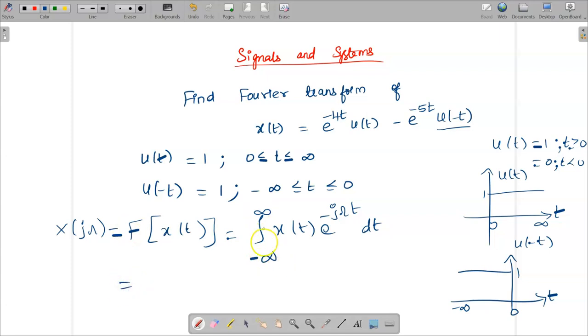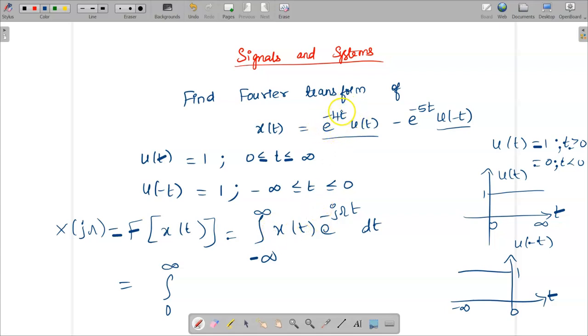So when you apply the value of x of t in this formula, here it is minus infinite to infinite, but u of t exists for 0 to infinite, and u of minus t exists for minus infinite to 0. So for this I can write it as 0 to infinite, because of u of t.